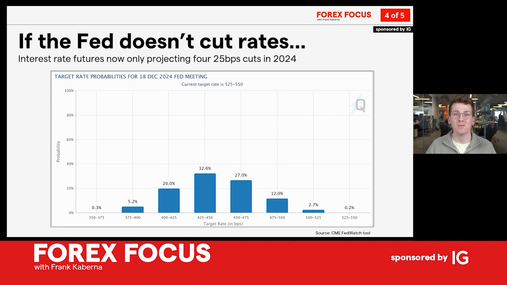That would only be 4 25 basis point cuts, and so effectively the market has priced out 2 or 3 cuts from a couple of months ago, which lets you know a number of things.